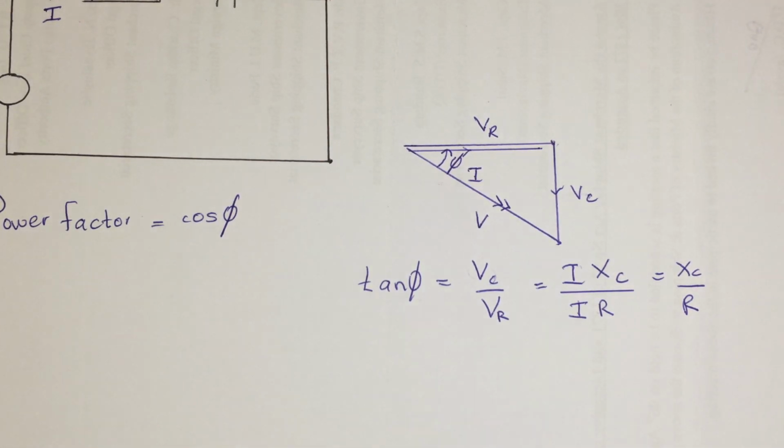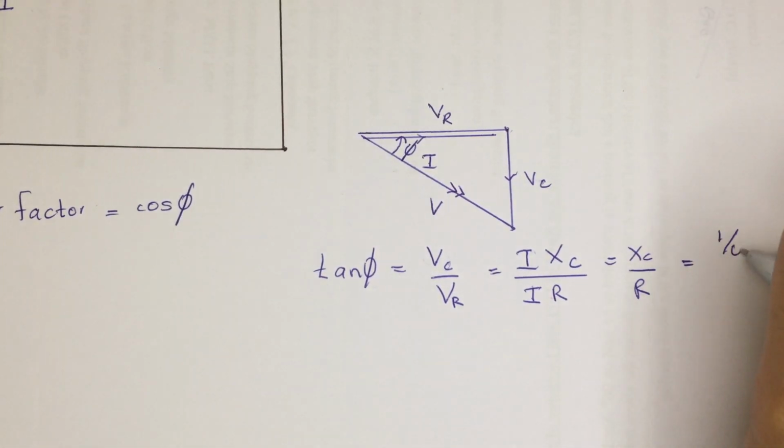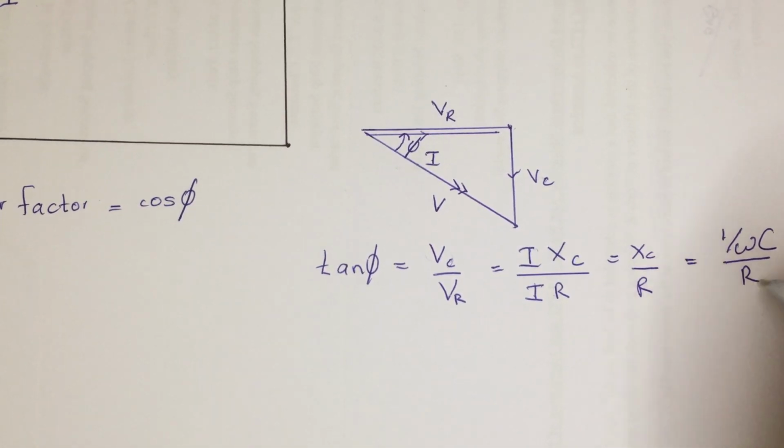When you are considering the inductor, the reactance of the inductor is going to be omega into L. Likewise, when you are considering the capacitive reactance, it is going to be 1 over omega C. So I am going to directly write that. So it's going to be 1 over omega C divided by R.